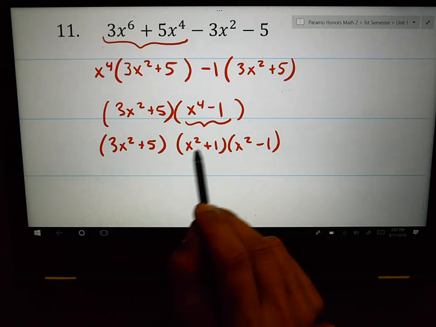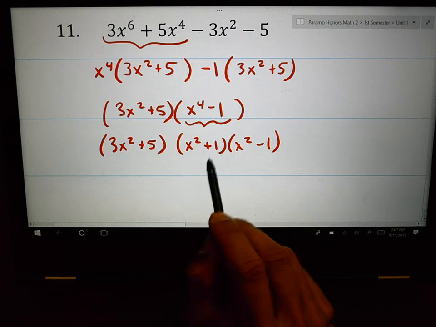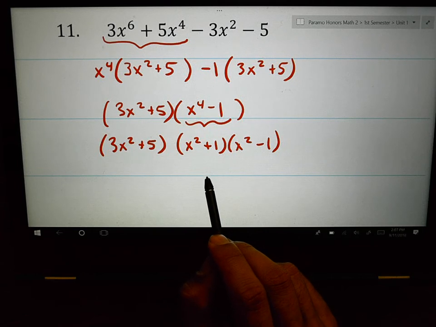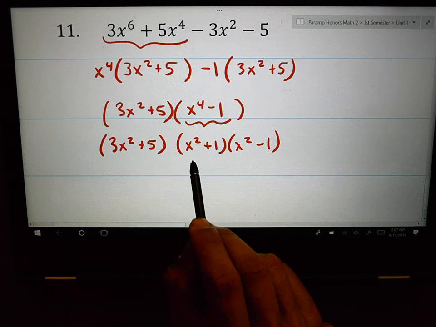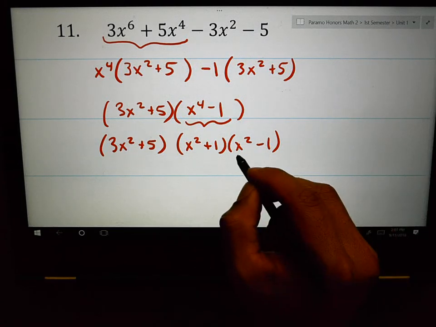Can this factor, this x squared plus 1? The x squared plus 1, is it the difference of two squares? Difference means subtraction. This is the sum of two squares. We cannot factor the sum of two squares, only the difference. So this is the only piece that breaks apart.